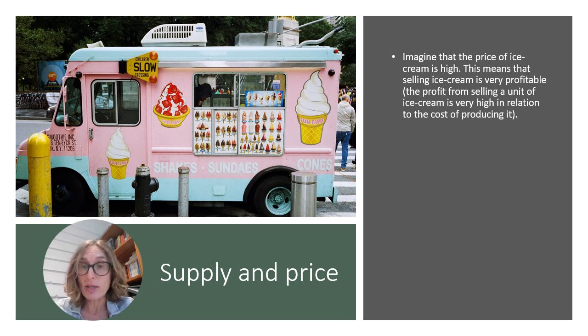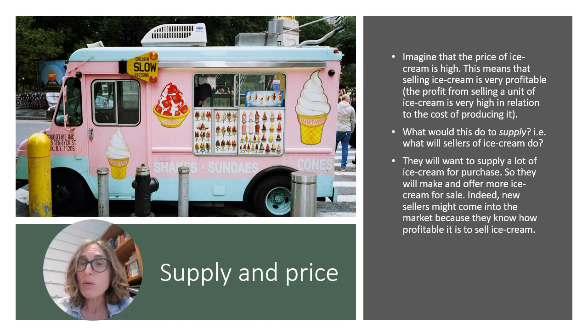What would happen in this circumstance? What would this do to the supply of ice cream? What would sellers of ice cream do? Well, they'd want to supply a lot of ice cream for purchase, so they'll make and offer more ice cream for sale. New sellers might even come into the market because they now know how profitable it is to sell ice cream, so it might be worth their effort.